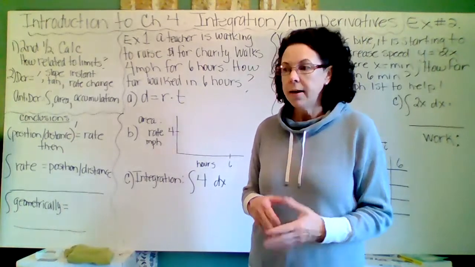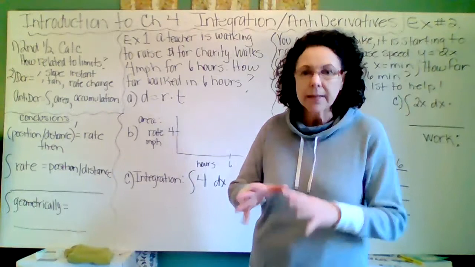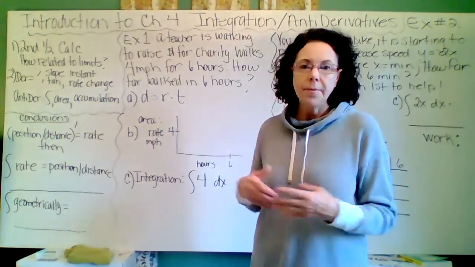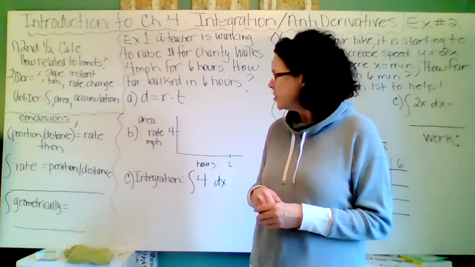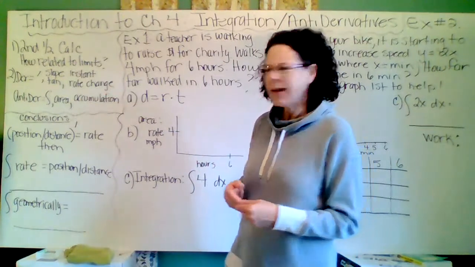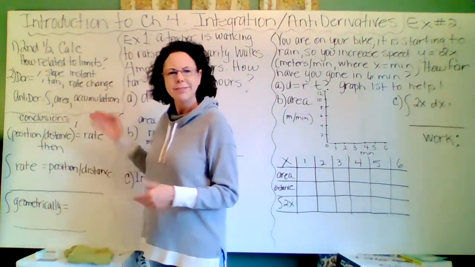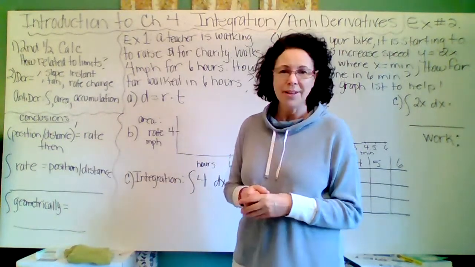How much oil is accumulating, maybe if we have a spill on a lake, something like that. And then good things that we like to accumulate also, right? So I'm going to be proving by the end, well, how does that happen? Why is it an area, and why does it represent accumulation?